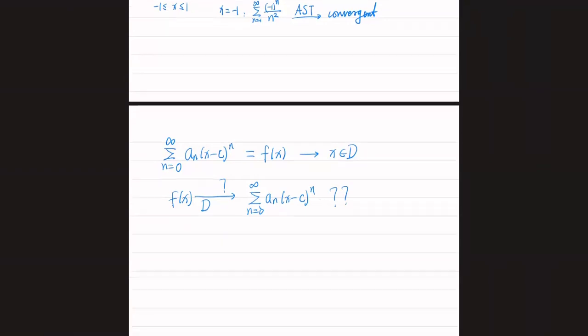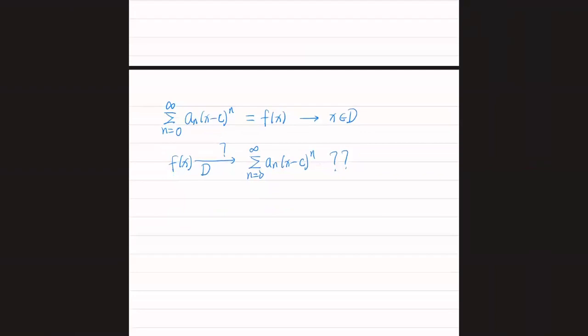We will start with a special case when C is 0. Suppose we have this: A0, A1x, and so on.